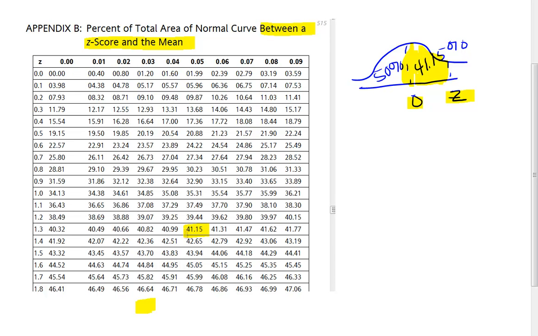So now I can get my z-score. Out this way, I get 1.3, and then if I go up, I know 0.05. So 1.3 plus 0.05, 1.35, and that is my z-score right here at 41.15%, or 91.15.